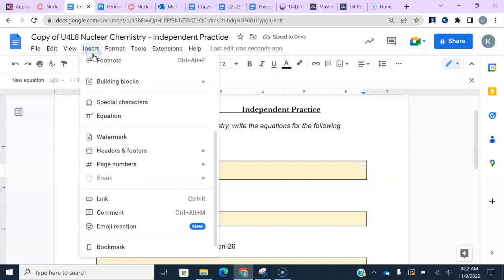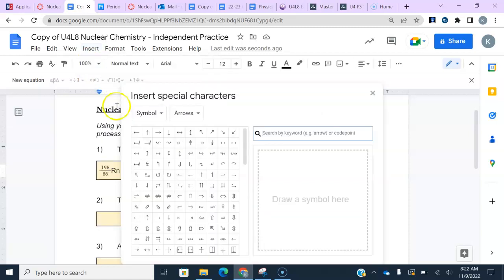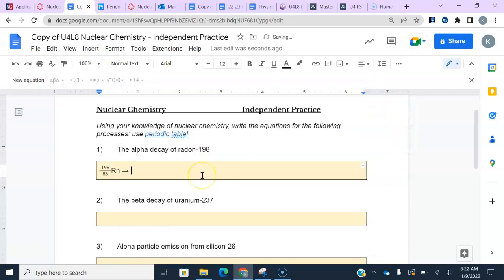Now I'm going to go to Insert, Special Character, and I'm going to get my rightward arrow, and we've got to figure out what is being lost. So we know it's going under alpha decay, and anytime an element undergoes alpha decay, that means it's losing an atomic mass of 4 and an atomic number of 2.